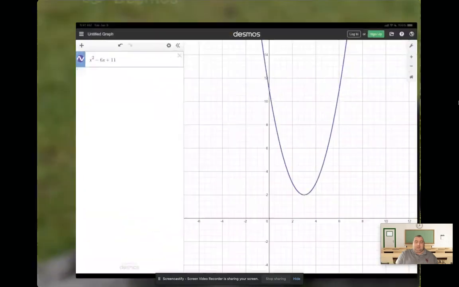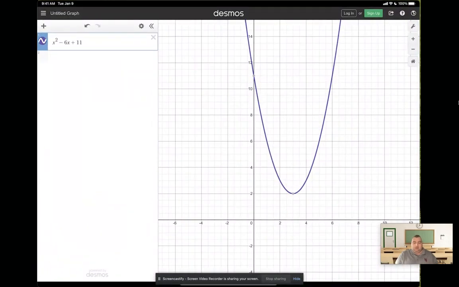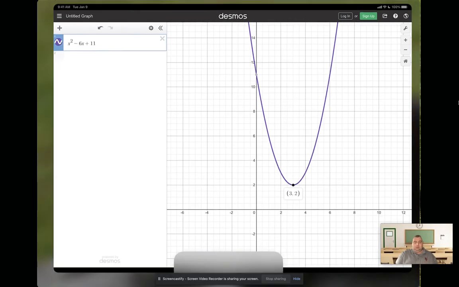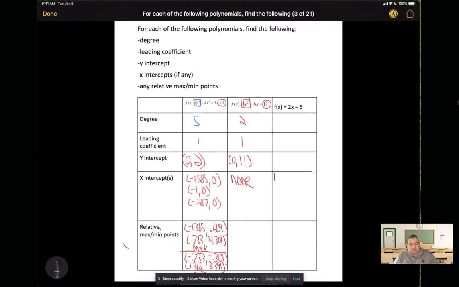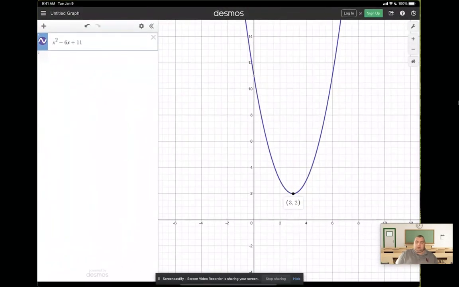Let's look for minimum and maximum points. So I see a minimum point down here at 3, 2. So I have a minimum point at 3, comma 2. Are there any maximum points?